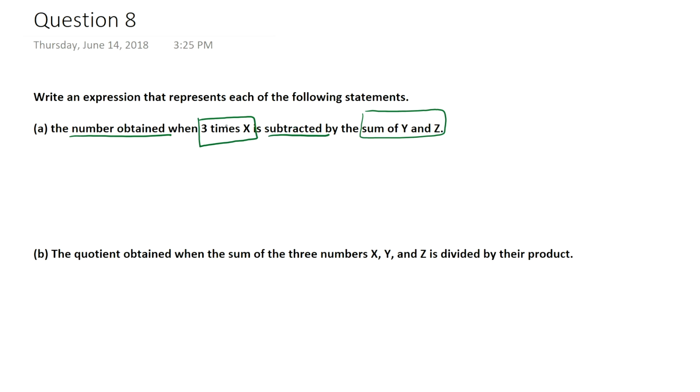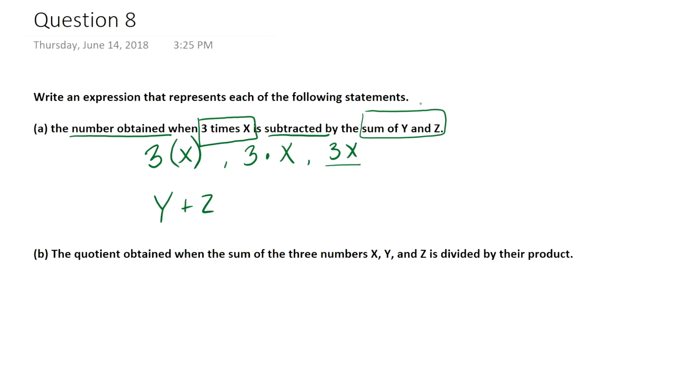So we know that 3 times x is going to be a number, so we can denote that as 3 times x, or just 3x. I'm going to go with 3x in this case, and then the sum of y and z you can denote like y plus z.